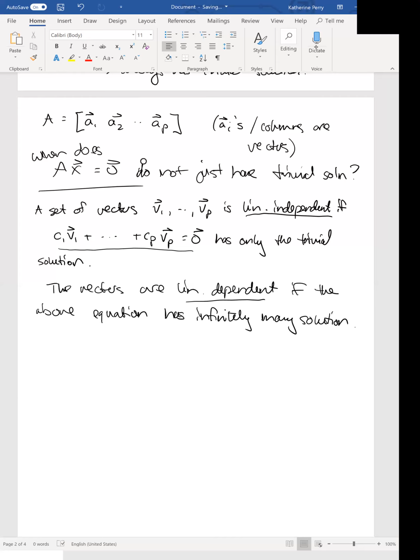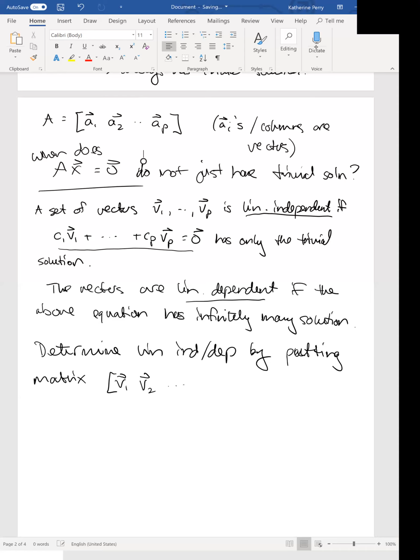We said that we can determine linear independence or dependence by putting the matrix with the vectors as the columns, v1, v2 up to vp, and the last column being the 0 vector, in reduced row echelon form, and looking for free variables.